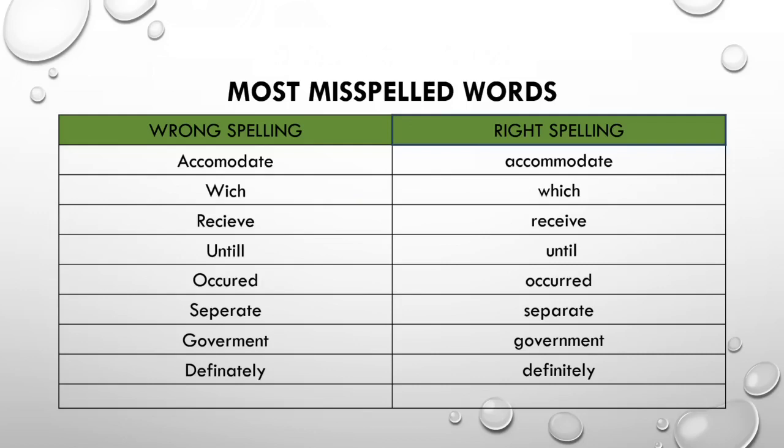And the word is occurred. The correct spelling is OCCURRED. Normally, one of the R's is ignored and it is wrongly spelled. Then there is another word known as separate.